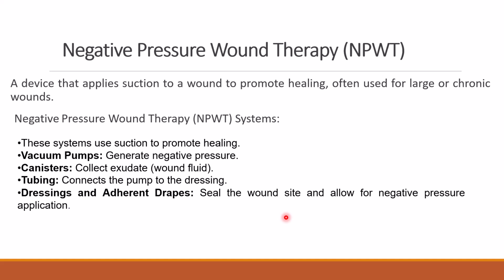The system contains some parts, which are the vacuum pump, the main unit or the device itself. We have the canisters that collect the fluids from the wound. We have the tubing circuit, and we have the dressing or the foam. Let's see them.